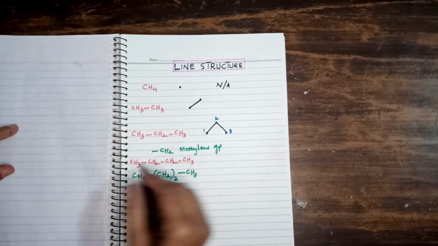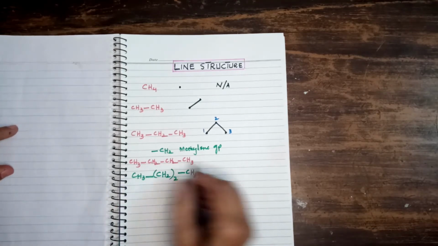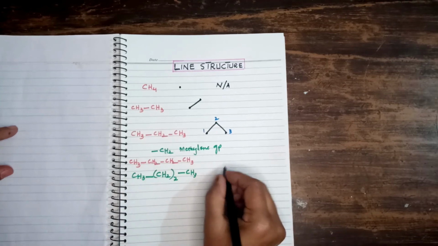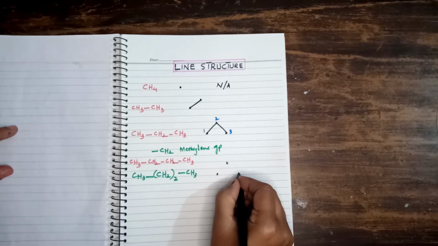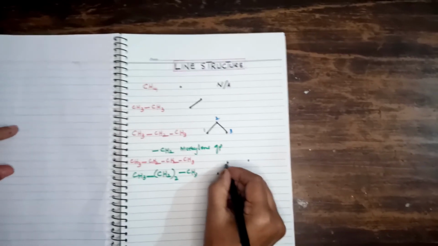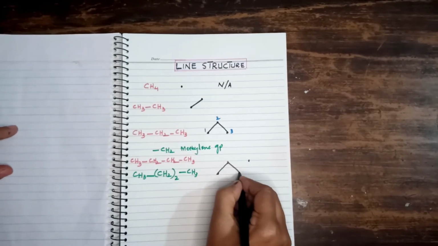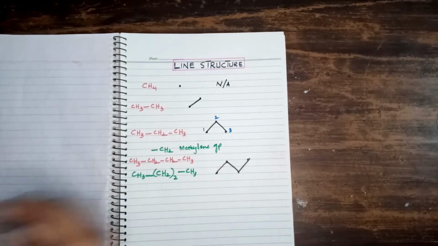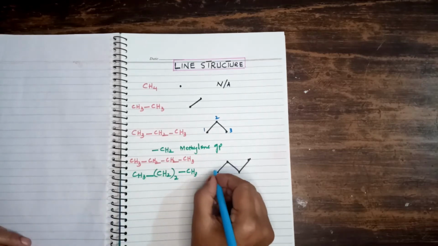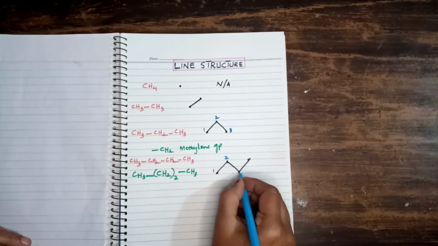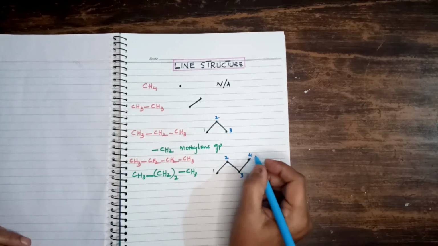Here we have 4 carbon atoms. So we make 4 dots and then join them together like this. Here we have the line structure for butane. Count the number of carbon atoms: 1, 2, 3, 4.